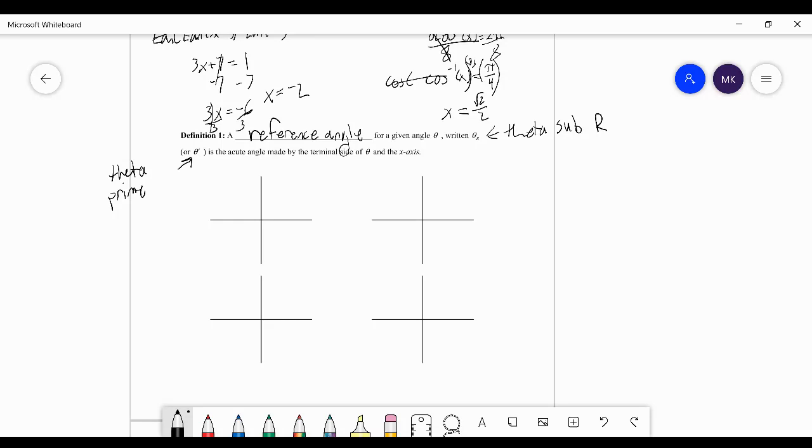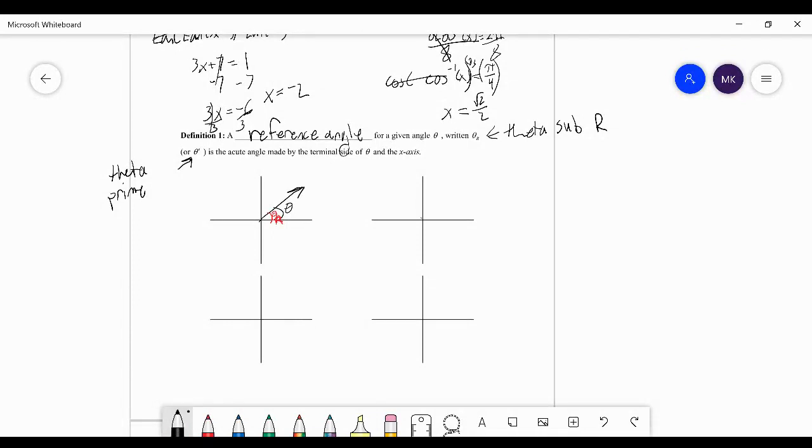What we are looking for is an acute angle made by the terminal side, using the x-axis, not the y-axis, but the x-axis. What's nice is if we have an angle in the first quadrant, here's theta, theta r is the same.